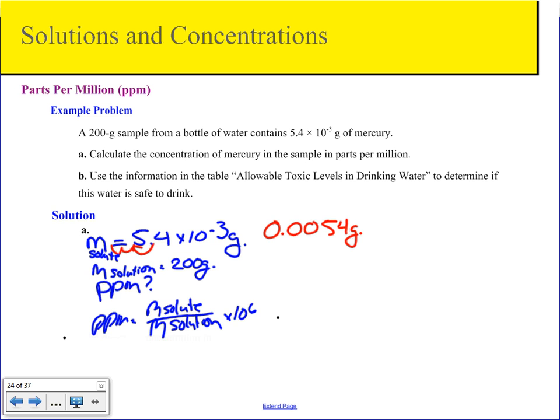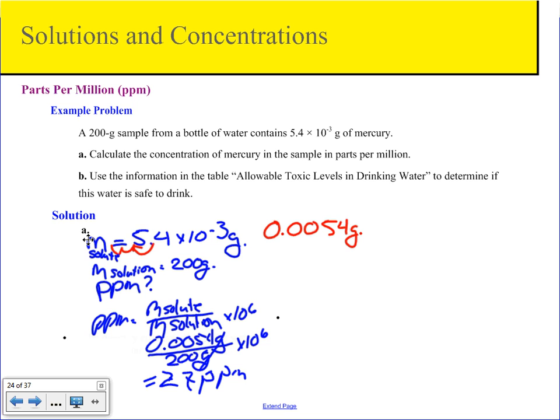So this becomes 0.0054 grams divided by 200 grams. These cancel out, and then we're going to times 10 to the 6. And this actually equals 27 parts per million.